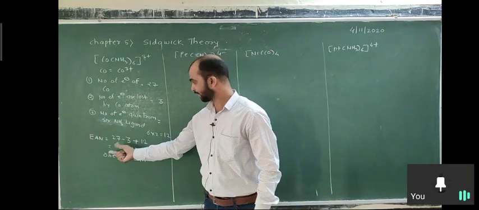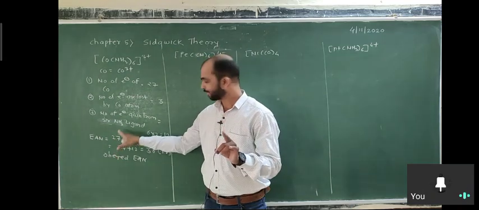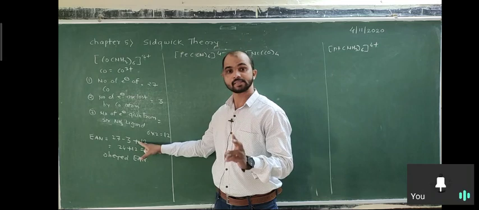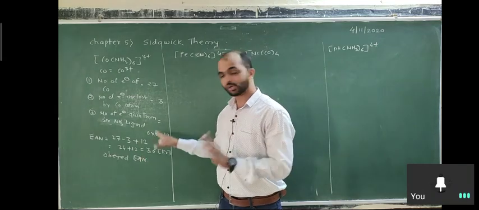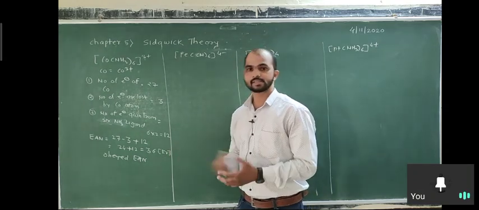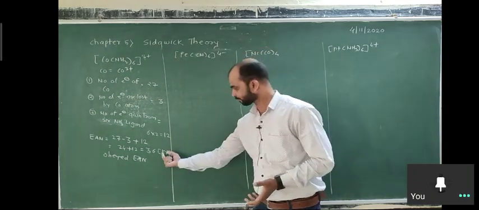And how do we calculate? The number of electrons of metal minus number of electrons lost by the metal plus number of electrons gained by the metal from the ligands. The total is equal to inert gas configuration. Here 36 is the inert gas configuration of krypton.